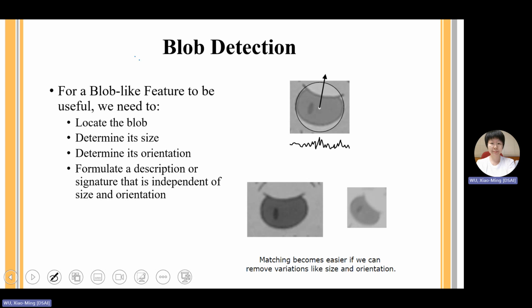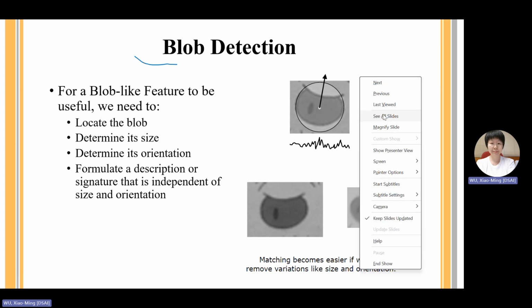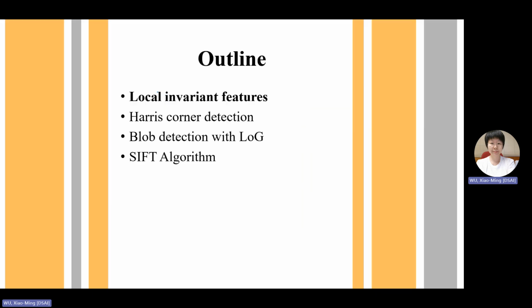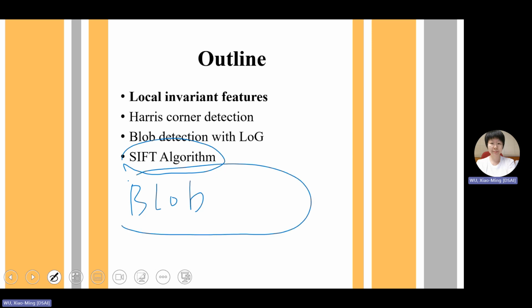The SIFT detector is designed to identify blob-like feature points. Okay, but we will start with corners. We'll introduce corner detection first.